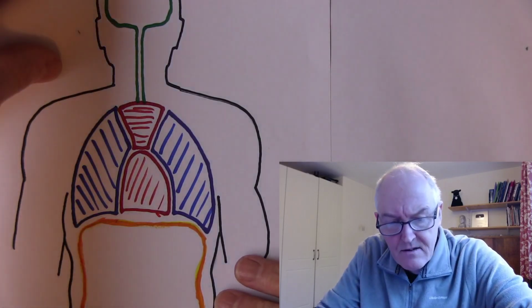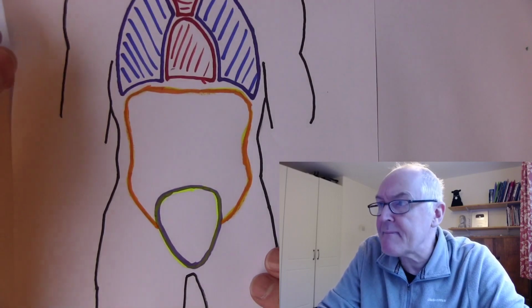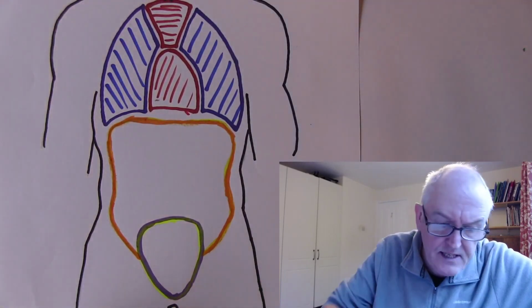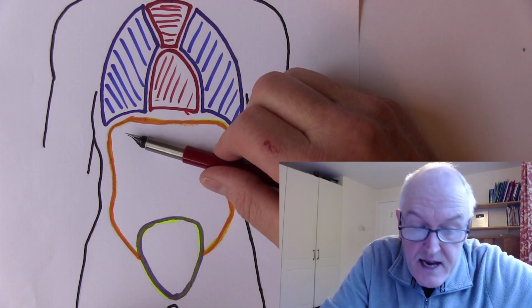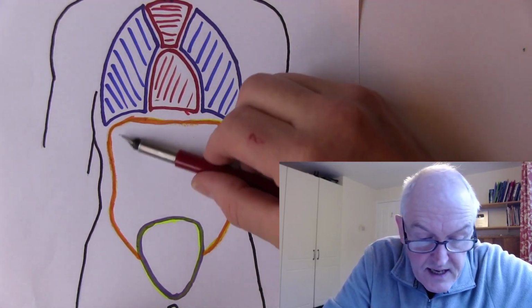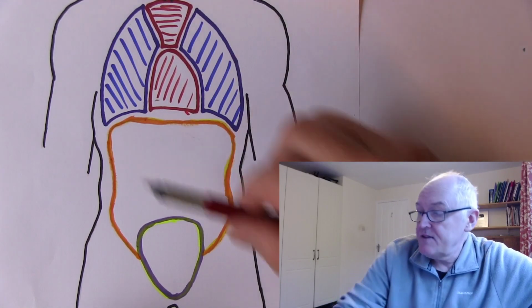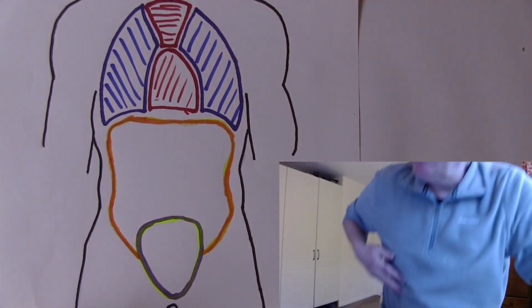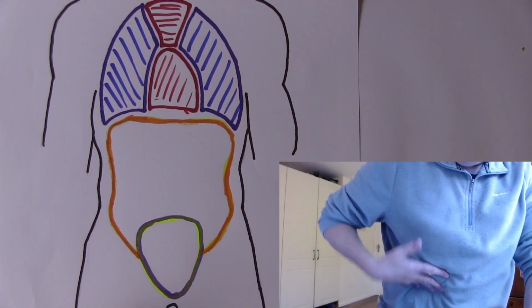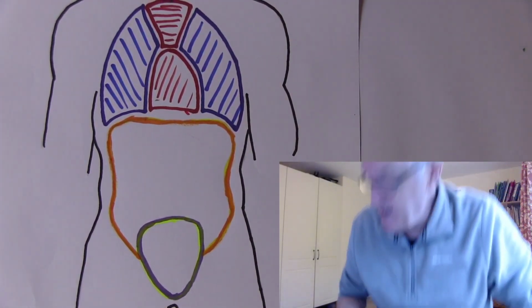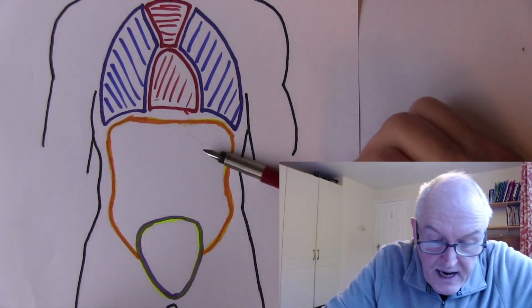Now going down to the abdominal cavity. So the top right of the abdominal cavity, in this area here, we have the liver. So the liver is top right, and the liver is just underneath your right costal margin, which is just there. So that's your liver there. And underneath the left costal margin just there, on this side, we have the spleen.